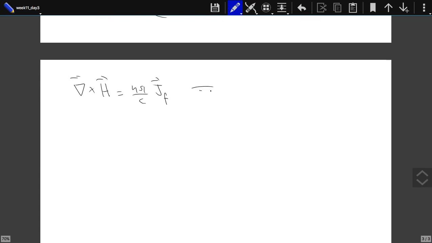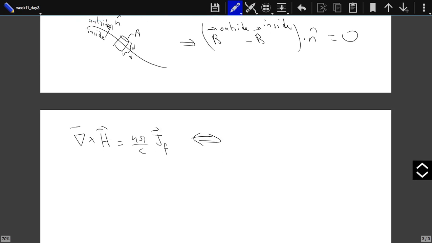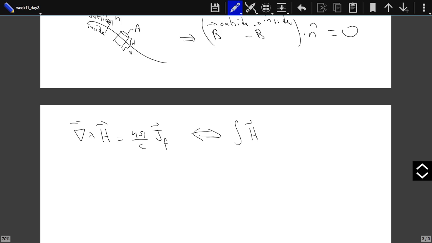The integral expression corresponding to this law is: if you integrate H dot dl over any closed loop, this should be equal to 4 pi over C times the total current enclosed by our loop.